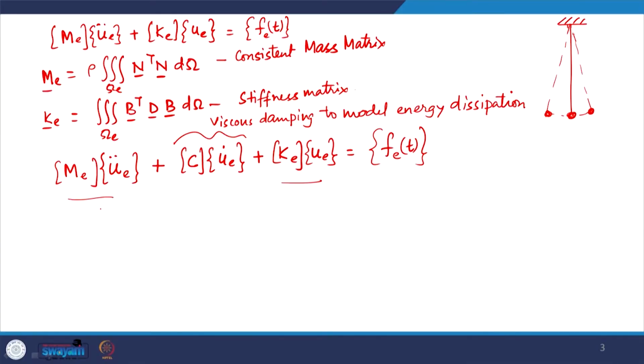Other options are the Rayleigh damping models. In the so-called Rayleigh damping model, matrix C is considered to be proportional to mass and stiffness, so alpha M plus beta K, and the alpha and beta coefficients are to be evaluated by some condition.